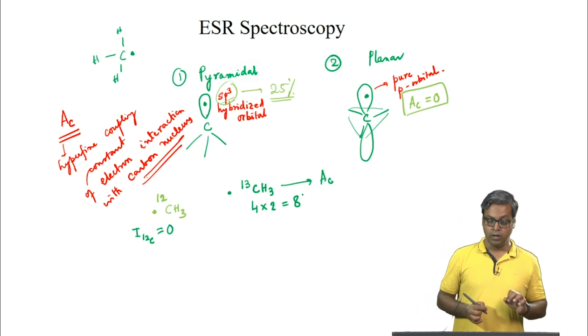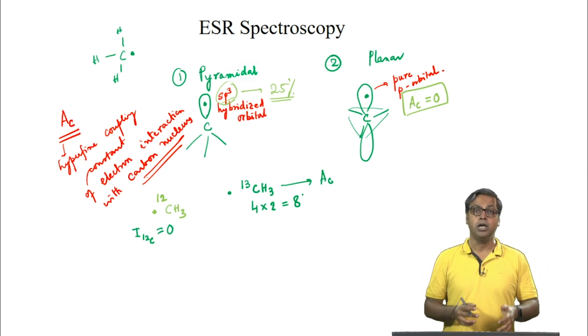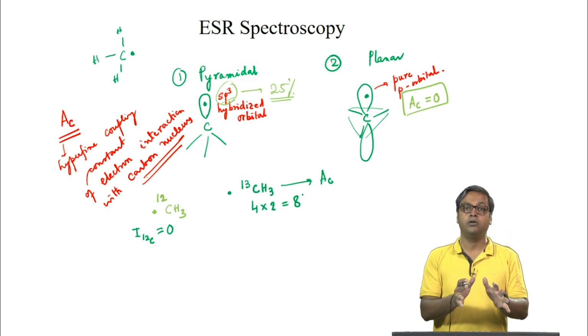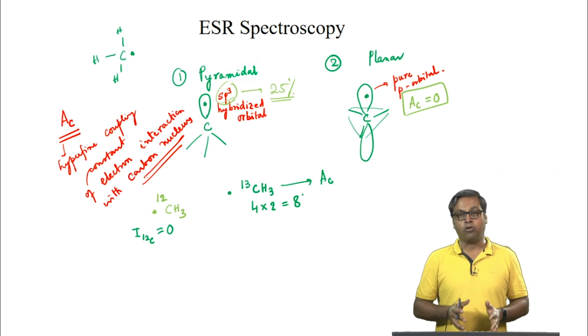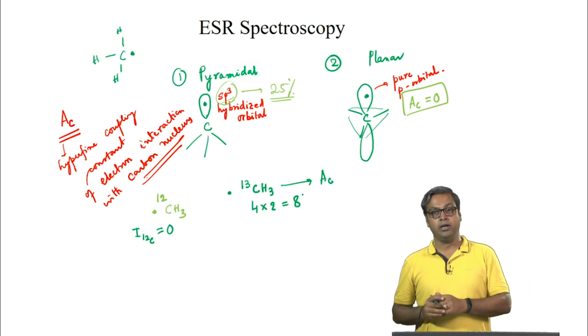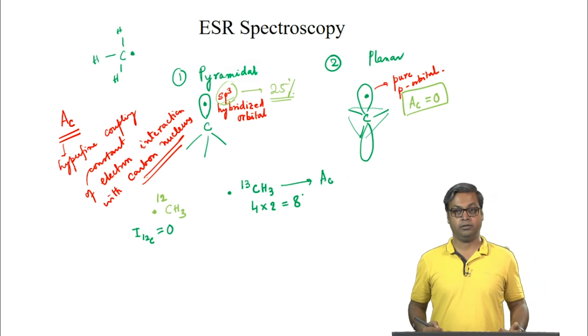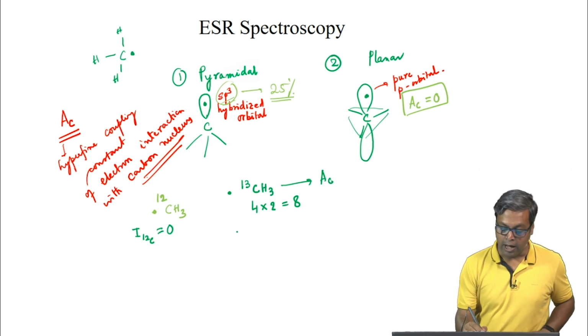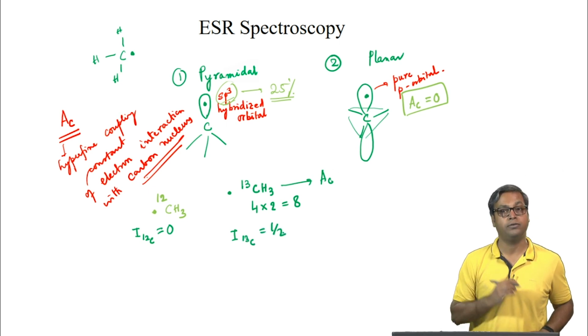This is because we already had 4 hyperfine structures for 12 C, but the carbon nucleus was not interacting. But now not only are the 3 protons interacting with the unpaired electron, but the 13 C nucleus is also interacting, and the I value of 13 C equals half.